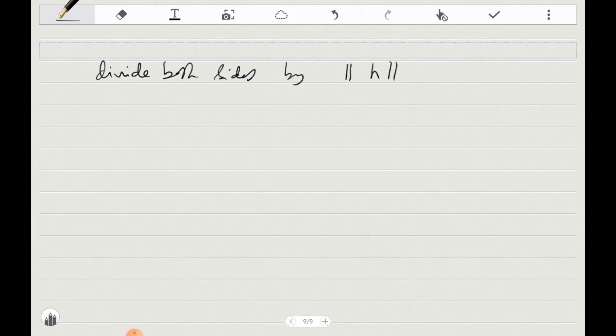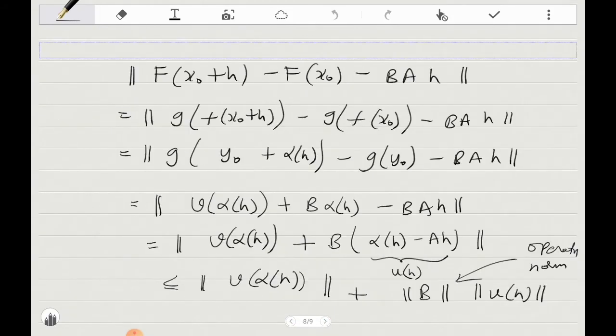So LHS divided by norm H is less than or equal to norm B, that's coming from the second term, UH divided by norm H, which we had called epsilon H, plus the other term, V of alpha H divided by norm H.